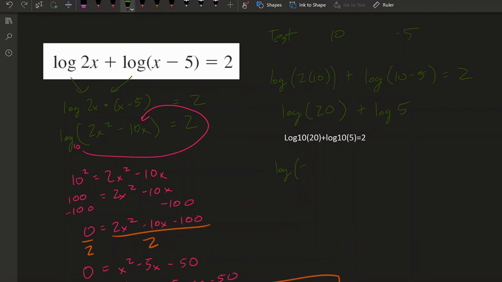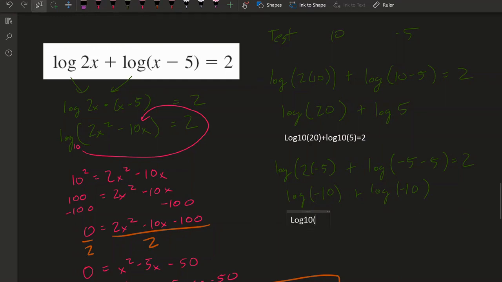Log of 2 times negative 5 plus log of negative 5 minus 5 equals 2. So this one I'm going to get log of negative 10 plus log of negative 10. Let's try that out.